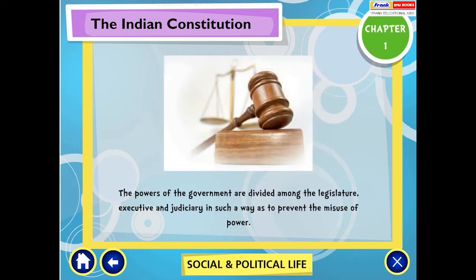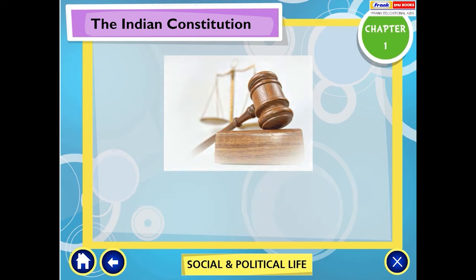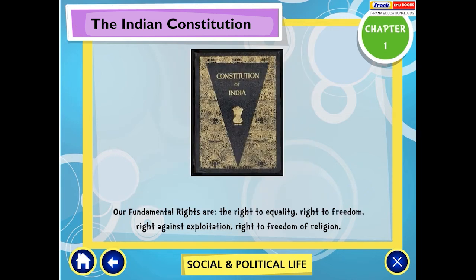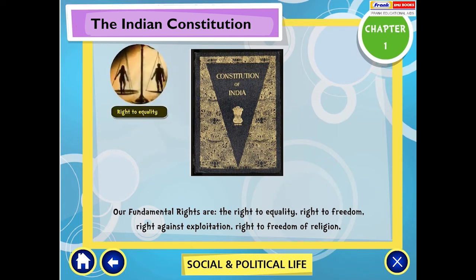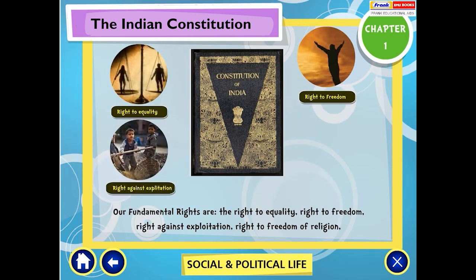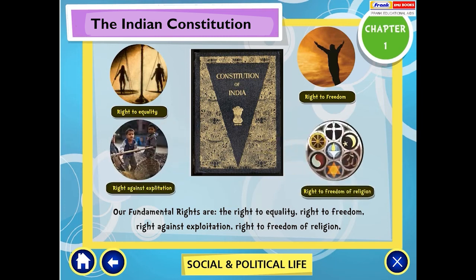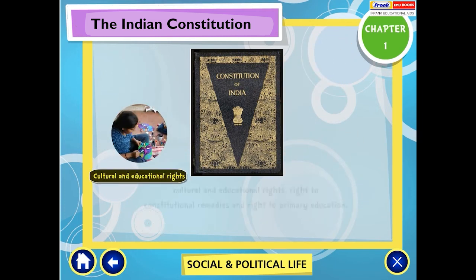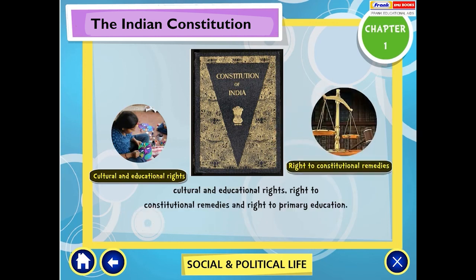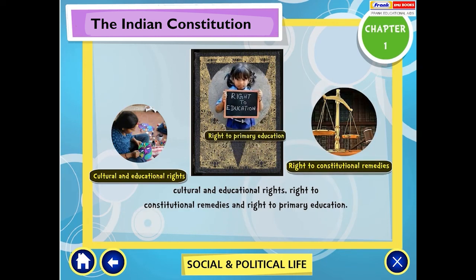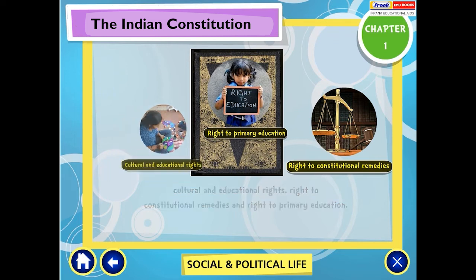The powers of the government are divided among the legislature, executive, and judiciary in such a way as to prevent the misuse of power. Our fundamental rights are the right to equality, right to freedom, right against exploitation, right to freedom of religion, cultural and educational rights, right to constitutional remedies, and right to primary education.